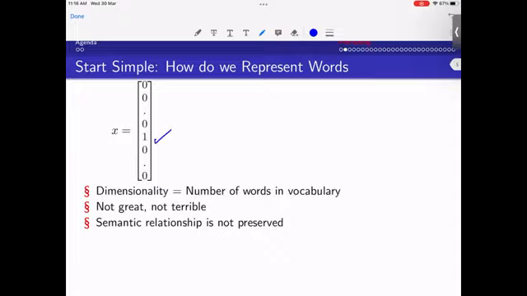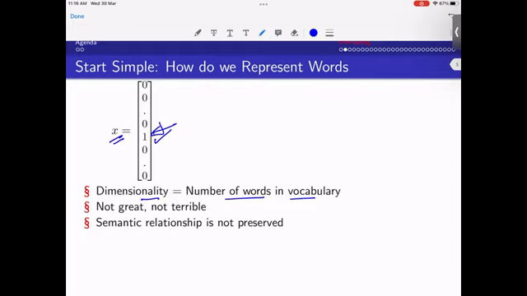The dimensionality of this vector will be the number of words in the vocabulary, and there will be only one 1, all else will be 0, and the index of that 1 will be the position of the word whose representation we are trying to find in that vocabulary.